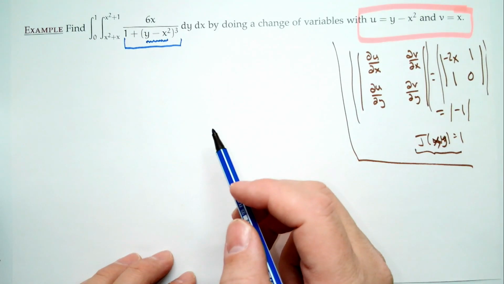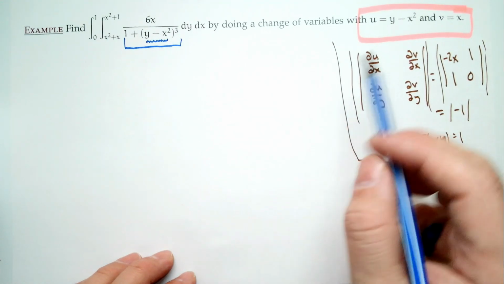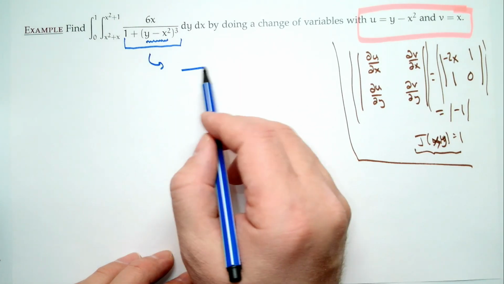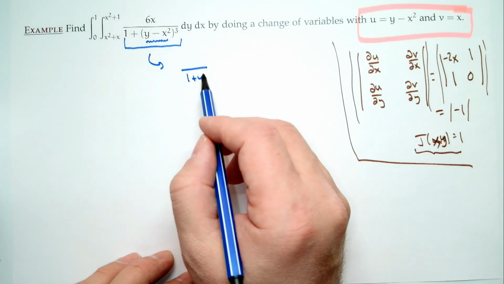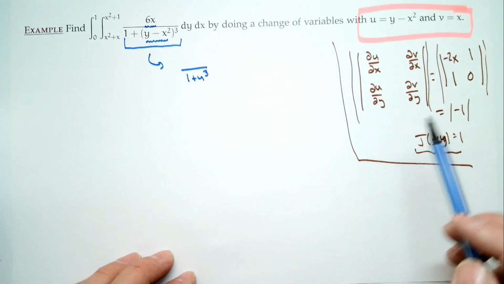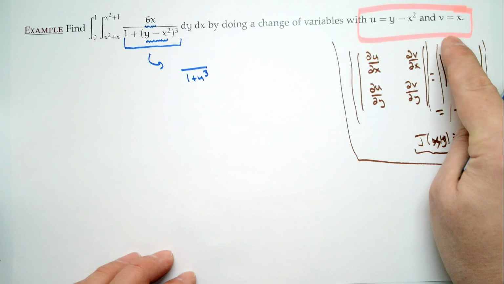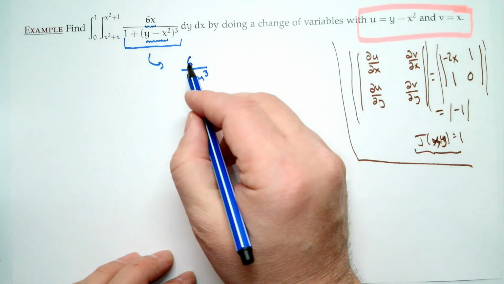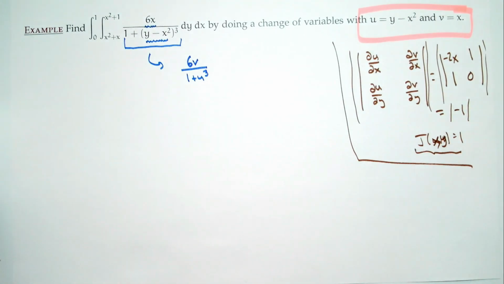What do you know about y minus x squared? It's u. So that says that the denominator I can replace by 1 plus u cubed. Now, 6x. Well, what can we do with 6x? Well, x equals v, so that can become 6v. And now, that becomes our function.